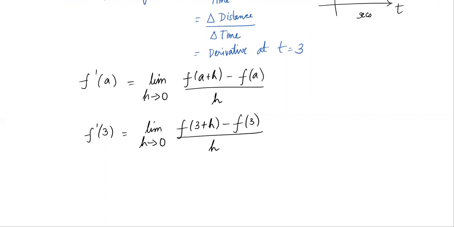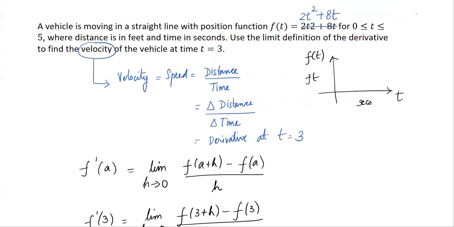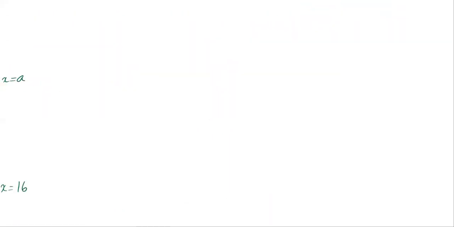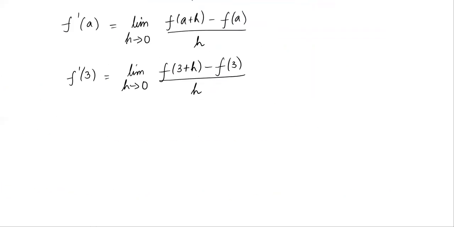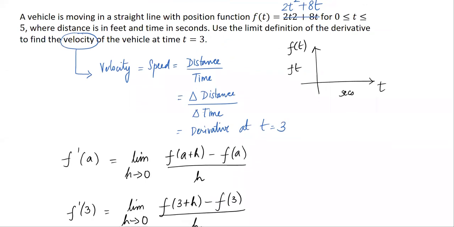Your f function, let's go back, was 2t squared plus 8t. I want to do the calculation by the side so it doesn't take too much of our space.